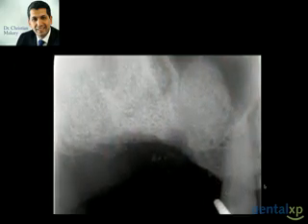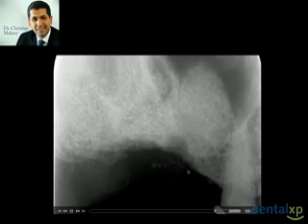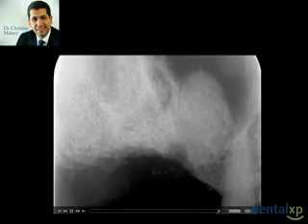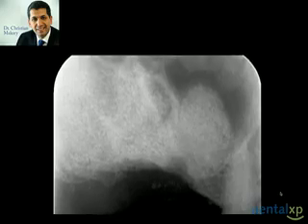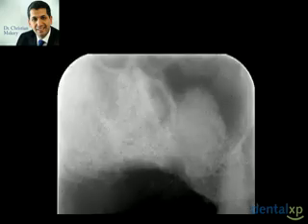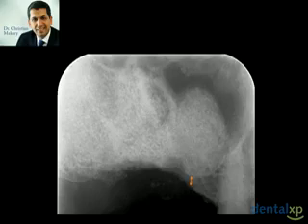And this is the final result. This was the hole that was used to insert this grafted bone. And we went from 1 millimeter to this huge amount of bone inside the sinus.